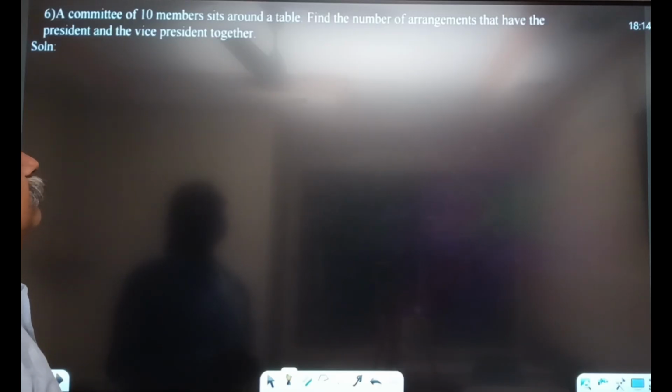A committee of 10 members sits around the table. Find the number of arrangements that have the president and vice president together.